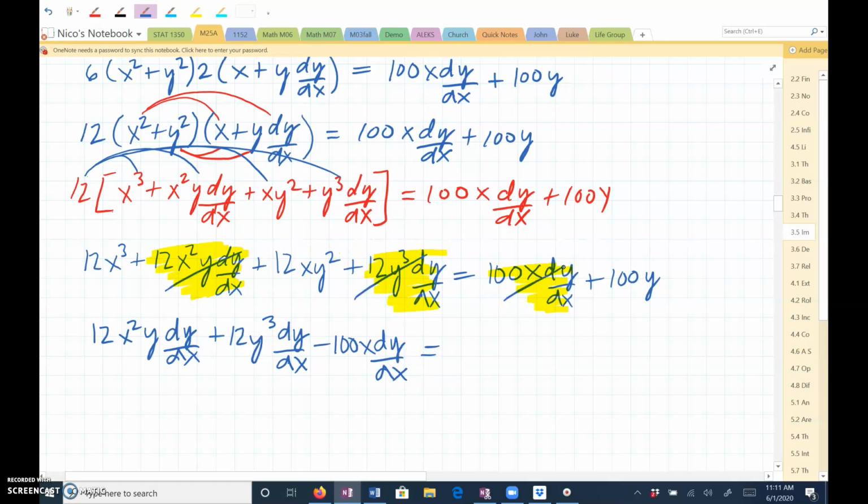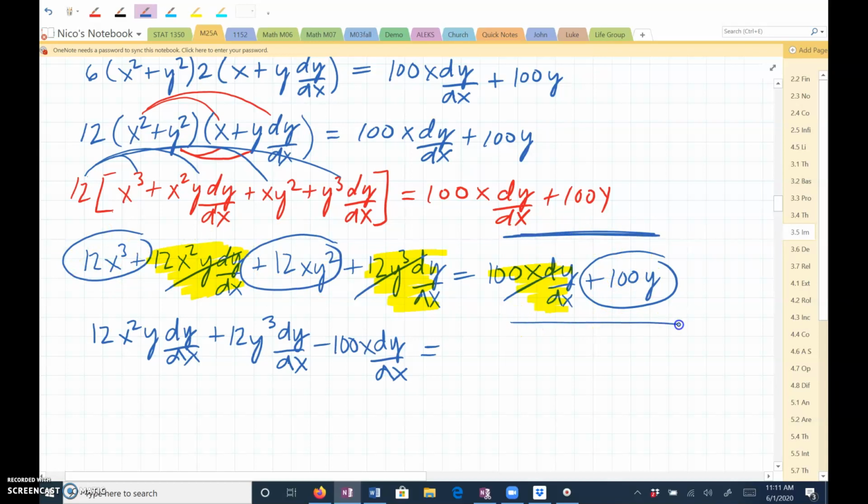So I've taken care of those. And then these that I've got circled here, I want all of those over here on this side of the equation. So I'm going to keep the 100y. I'm going to subtract 12x cubed, and I'm going to subtract 12xy squared.